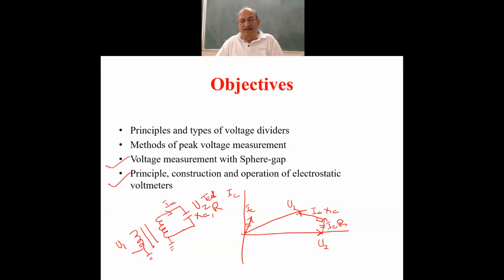You have the tables, you produce a breakdown, you know the gap distance, so you can know the voltage at which the breakdown has taken place. So this was a little cumbersome process.